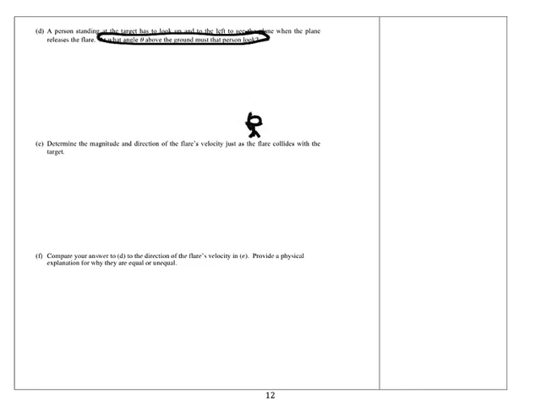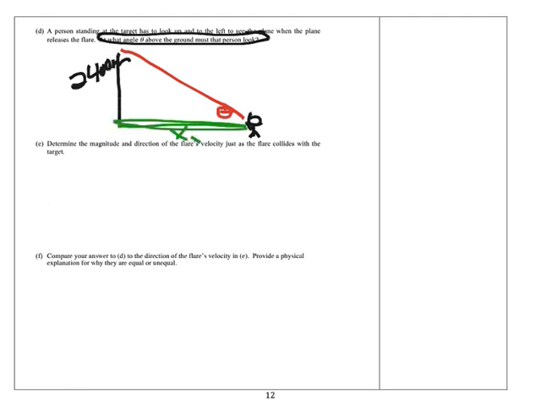We already know that the plane releases it from a height of 2,400 meters. And if we knew just one more side of this triangle, we would be able to find this angle. We can use the x information to find x, and then we can use inverse tangent.